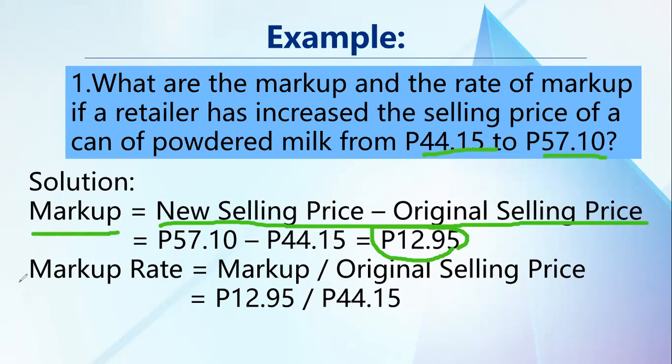Then the next question is, what is the rate of markup or markup rate? So to find your markup rate, you have to substitute your markup and divide it by your original selling price, which is 44.15 pesos.